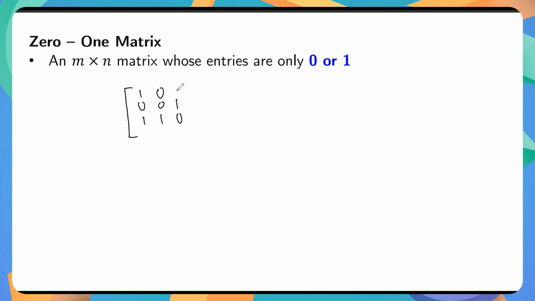It doesn't have to be necessarily an identity matrix, although it's an example of a 0, 1 matrix. You can also refer to this as a Boolean matrix because it just has 0 or 1 values, which you can think of as true and false values. It can also be of any dimension, and it also has its own set of special operations. So let's get into the operations of a 0, 1 matrix.